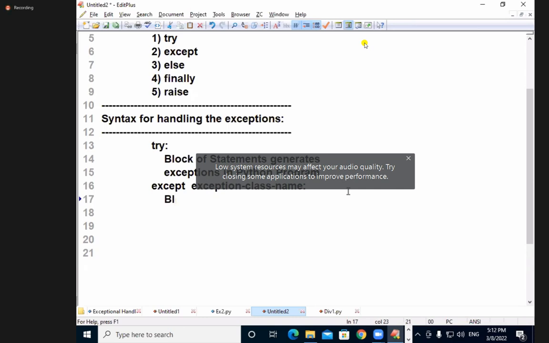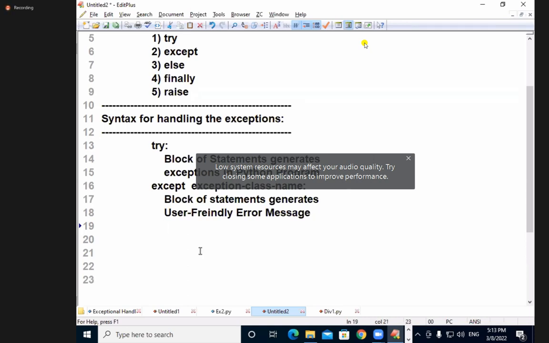Yes, I write it. The block of statements generates which message? User friendly error messages. Good.